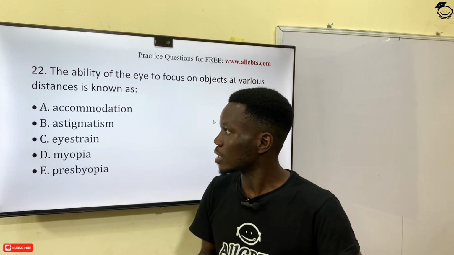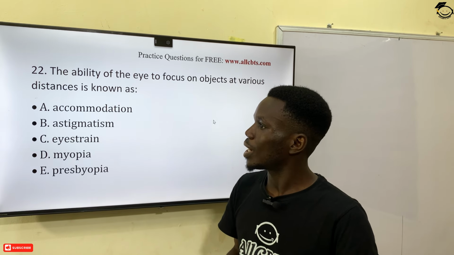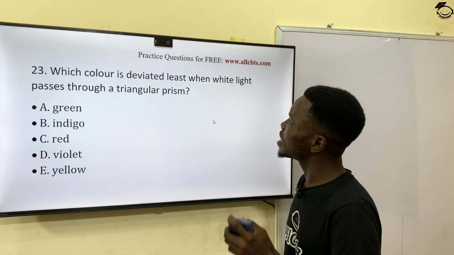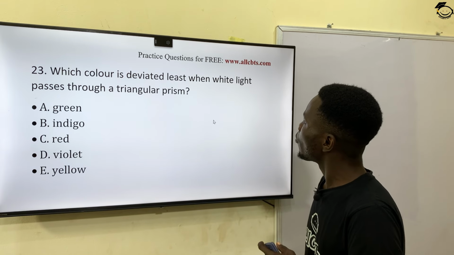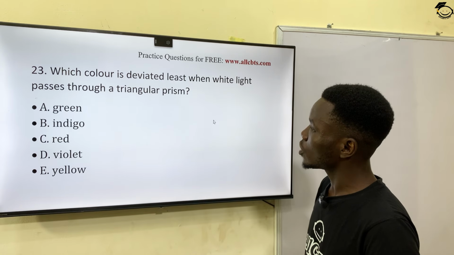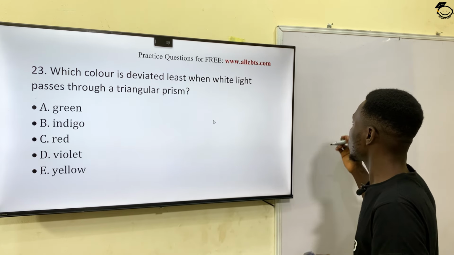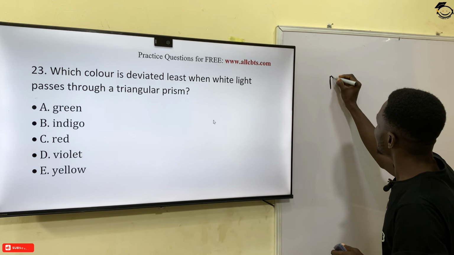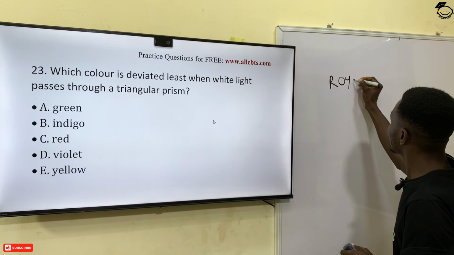So that takes us to question number 23, which says, which color is deviated least when white light passes through a triangular prism? So when white light passes through a triangular prism, you discover that your colors will be in this format, ROYGBIV.